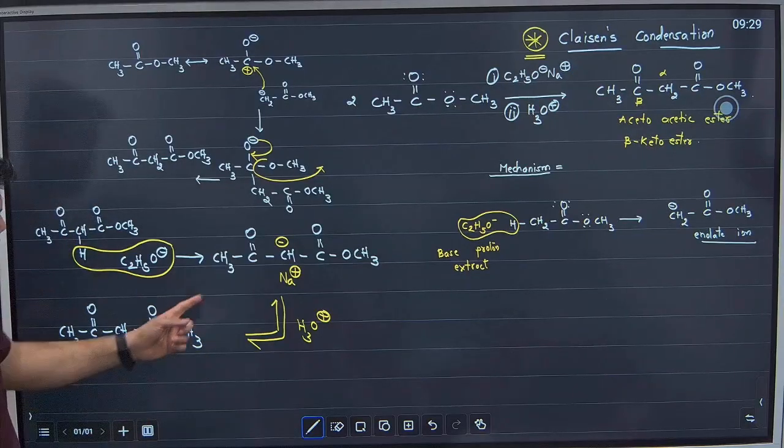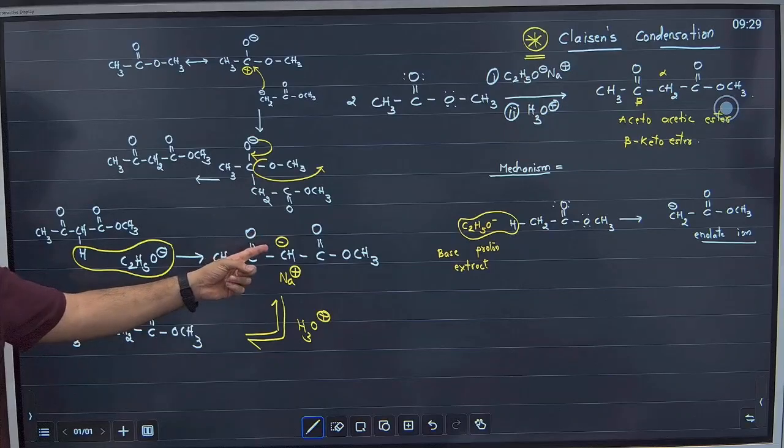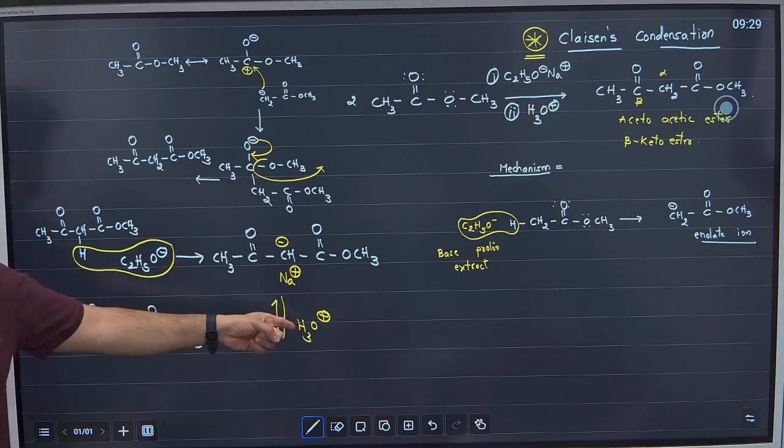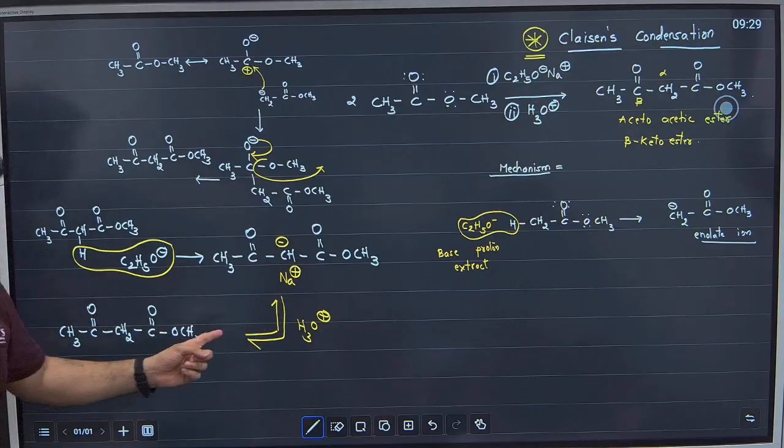This, the anion over here, the nucleophile, sorry, ये जो base की तरह काम करेगा will extract H plus from the solvent, और ये एक equilibrium is established.